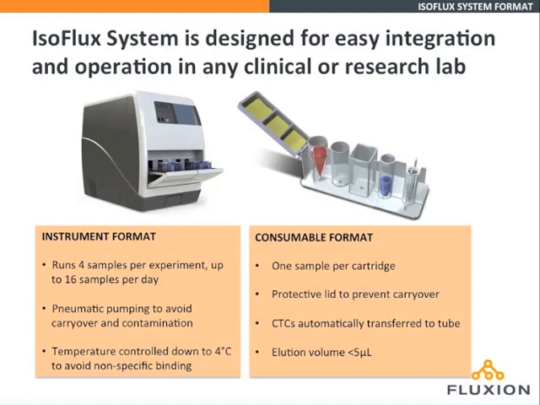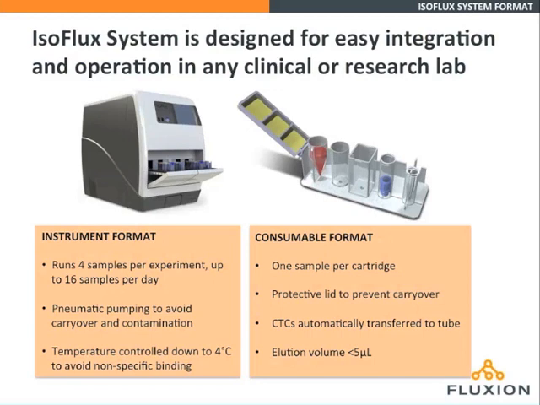So briefly, I'll talk about the instrument format. The instrument runs 4 samples simultaneously. Each sample contains typically the result of 1 blood draw. Because of the runtime, that's about 1 to 2 hours. You can run 4 experiments per day, so 16 samples per day is the throughput of the system.